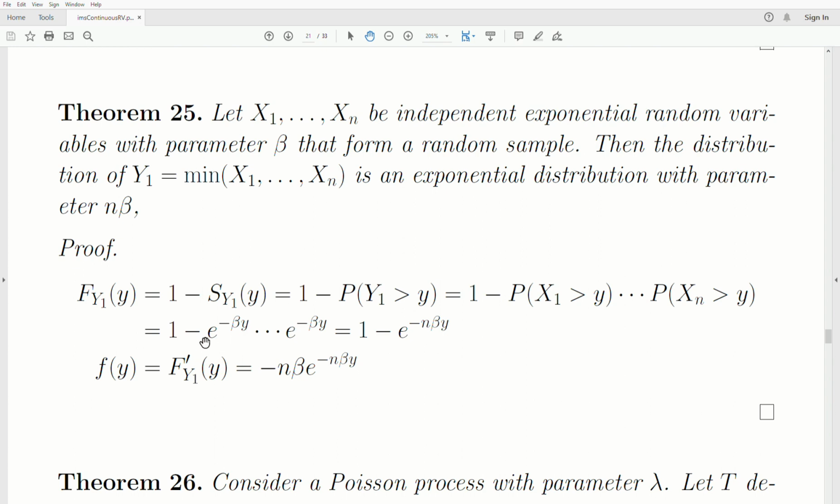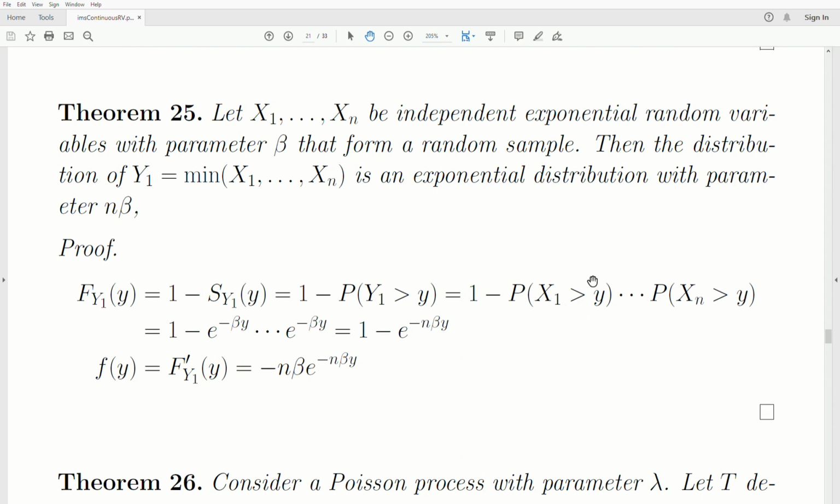So let's first find the CDF. So F of y1 is 1 minus the survivor function of that, which is 1 minus the probability that y1 is greater than some value y. Now, since y1 is the minimum of these x's, that says that x1 has to be greater than y, x2 has to be greater than y, all the way to xn has to be greater than y.